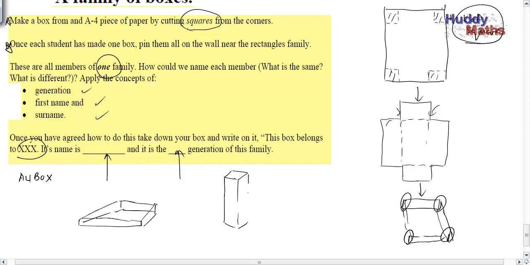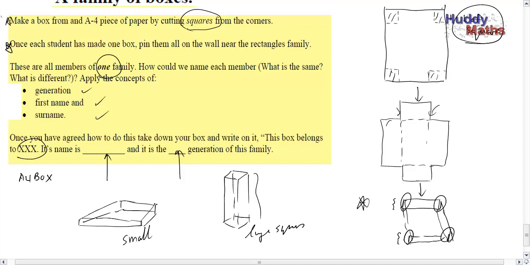All coming from an A4 sheet. This is where small squares have been cut out, so the early generations of these boxes, and large squares have been cut out here, because the squares give you the height of the box. Let's go back to this again. That height is the length of the side of the square, isn't it? So we can generate many members of this family.